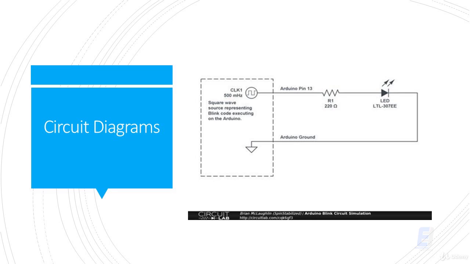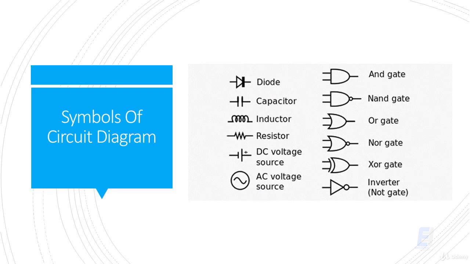If you come across any symbol in a circuit diagram that you don't know, I recommend consulting Wikipedia, and here's a quick look at some symbols. Working with Arduino, we won't need any of the gates on the right, but you will definitely encounter the symbols on the left in more complicated projects.